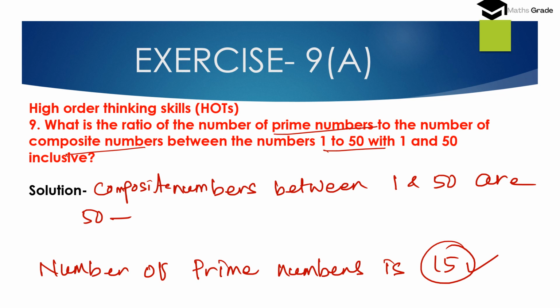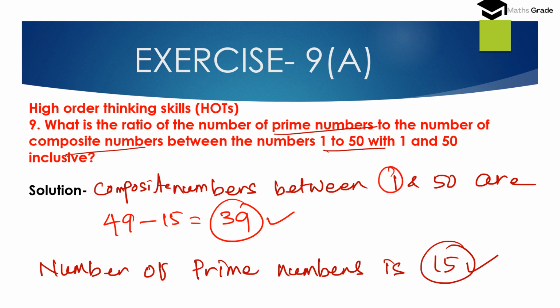So we have to subtract. 1 is neither prime nor composite, so total numbers will be 49.